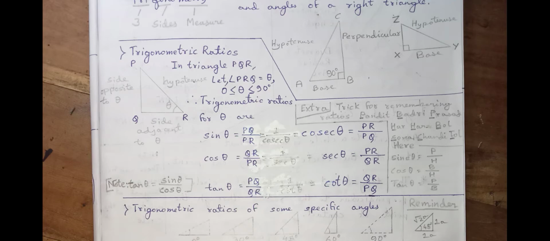that is a common trick in trigonometry used for remembering those ratios. The trick is, I'll read this. The trick is in a statement, it is quoted: Pandit Badri Prasad har bol sona chandi tol.